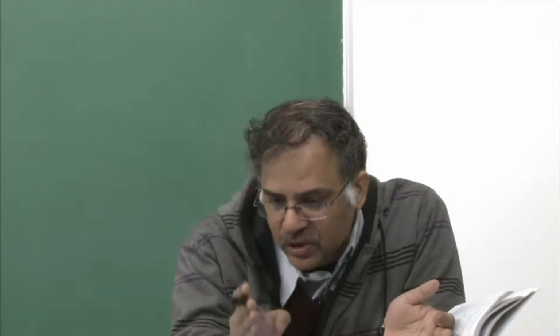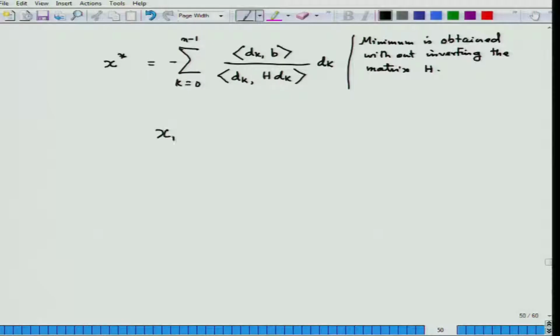So, you have x naught, from there you use d naught to go to x1, where x1 is x naught plus alpha naught d naught. At every step you basically find that alpha naught. What we are going to now interpret and show is that these scaling factors, that is, if you are at k and you want to go to k plus 1 for this particular problem that we have studied with xk, we want to show that this alpha k is actually the coordinate associated with xk.